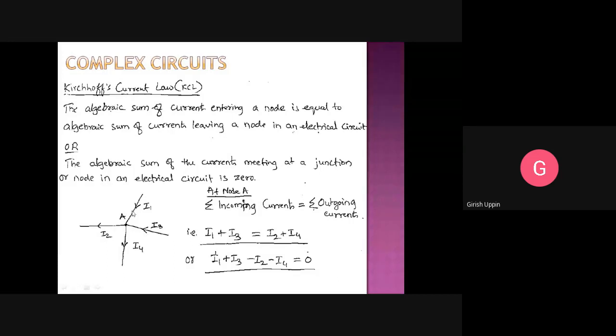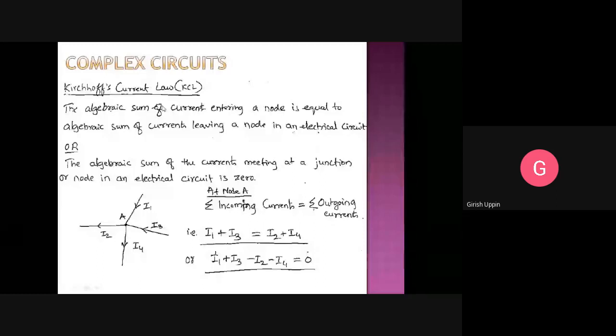Okay, thus the same KCL can be defined as this also. The algebraic sum of current entering a node is equal to algebraic sum of the currents leaving a node in an electrical circuit. So always it is algebraic sum of currents entering the node that will be exactly equal to the algebraic sum of all the currents leaving the node.